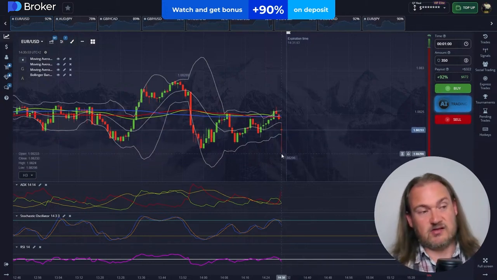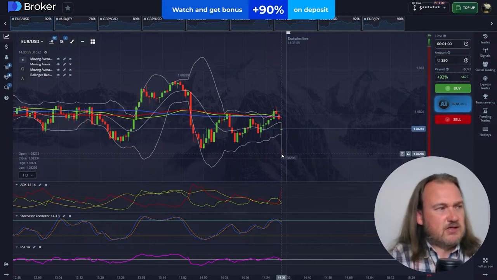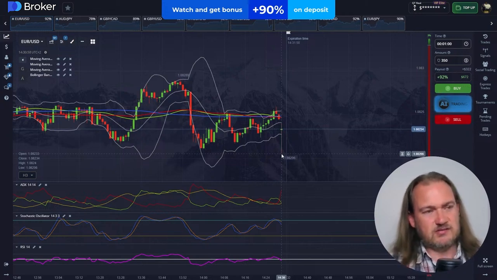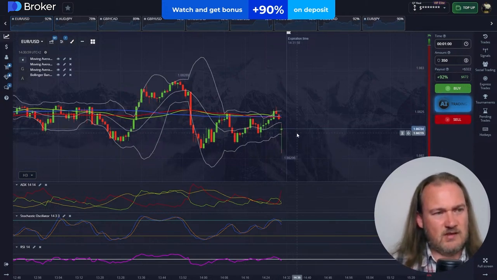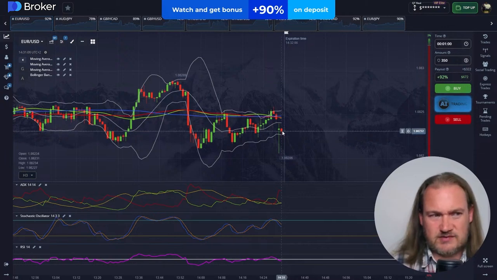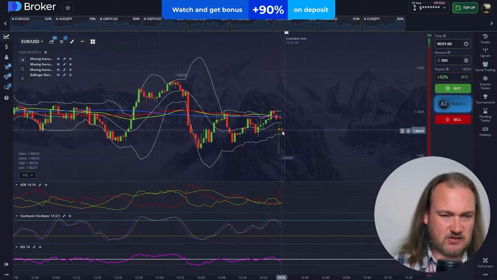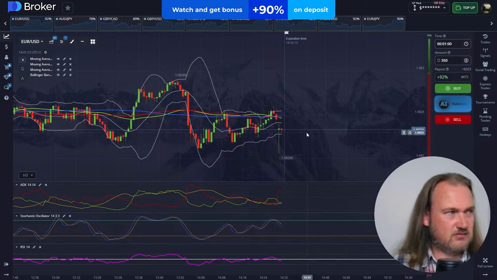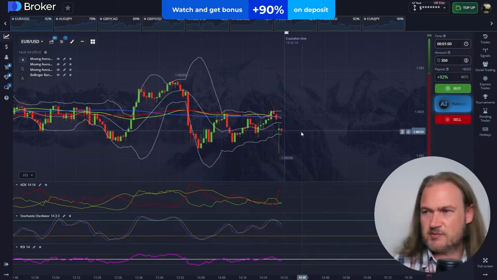I know these guys that do love it, and I just really don't. Quite often I see this happen: you see a big red candle, it starts pushing back, and it turns around again. But that's personal preference.